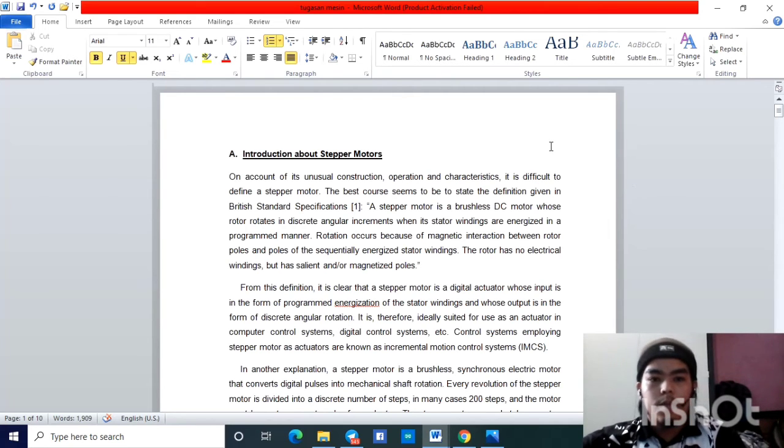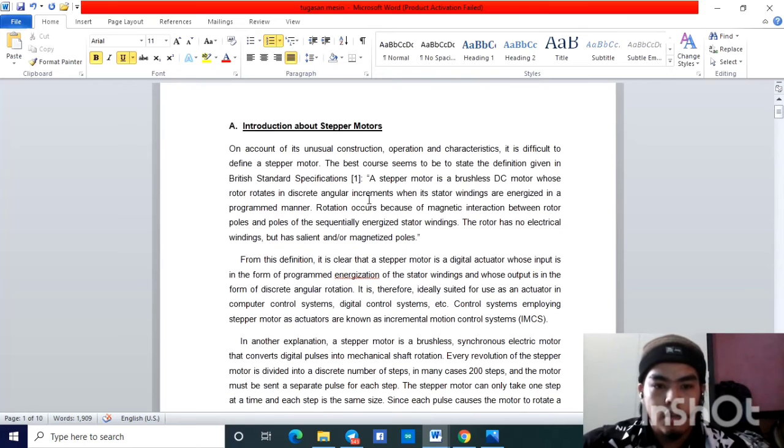Introduction about stepper motor. On account of its unusual construction, operation, and characteristics, it is difficult to define a stepper motor. The best approach is to state the definition given in the British Standard Specification.